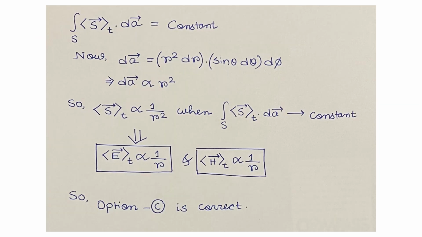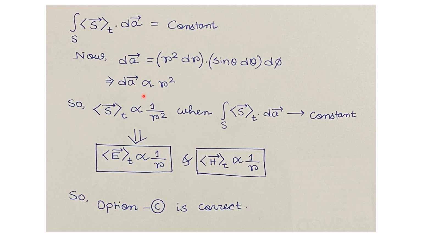Now, according to the question, the surface integral of the time averaged Poynting vector is constant. In the surface integral, this dA vector is the differential surface area vector. Now, if we represent this dA vector in spherical polar coordinates, it will become r square dr sine theta d theta d phi.